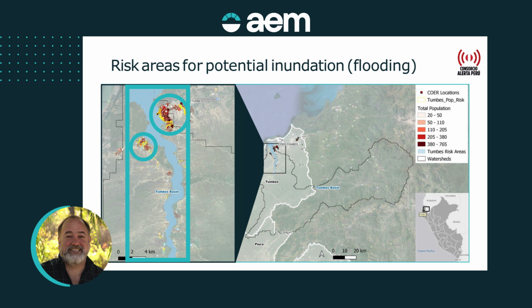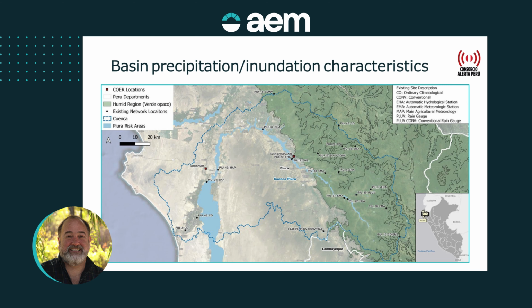So let's talk about some real world examples of using this process and how you would use it. I'd like to show you a few more detailed examples about Peru. This is a map where we're looking at the potential inundation in the area, and this also shows areas where the rainfall rates can be the highest.